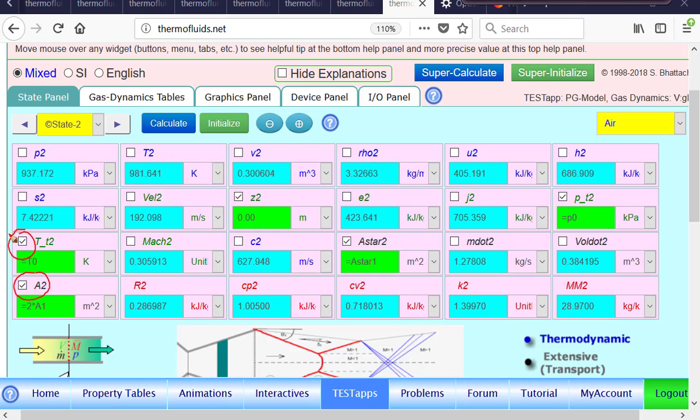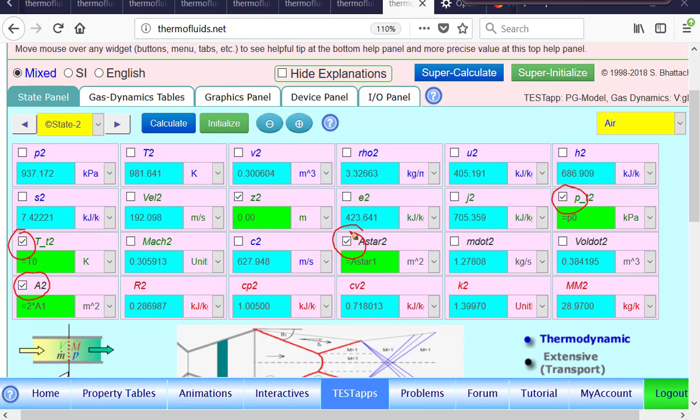Therefore, the energy equation tells us that for every flow, the total temperature remains constant, and because it's isentropic flow, entropy remains constant, and the counterpart for that is total pressure. Finally, mass flow rate is constant because A star remains constant.